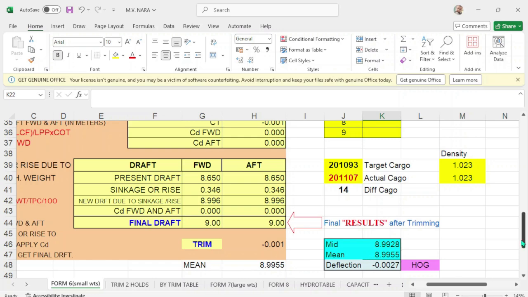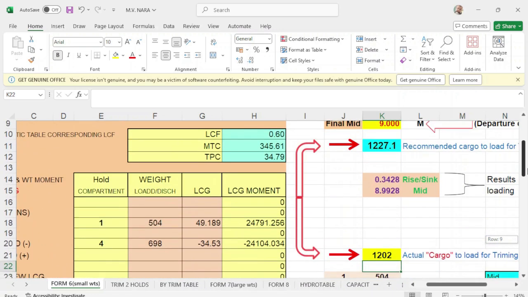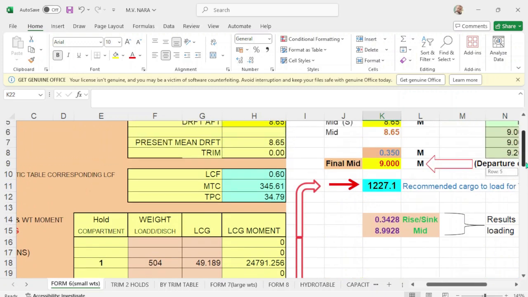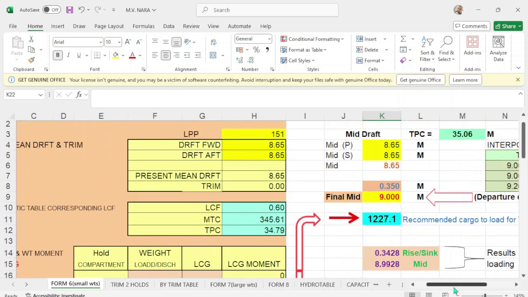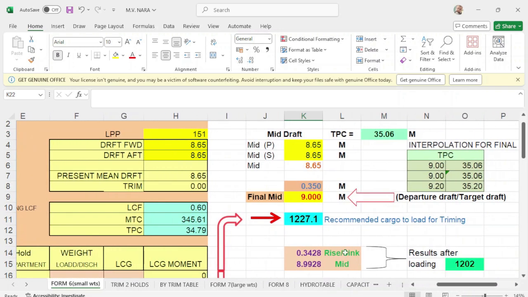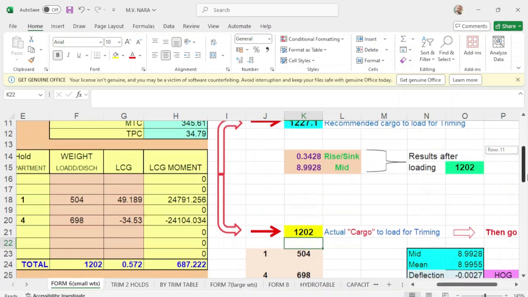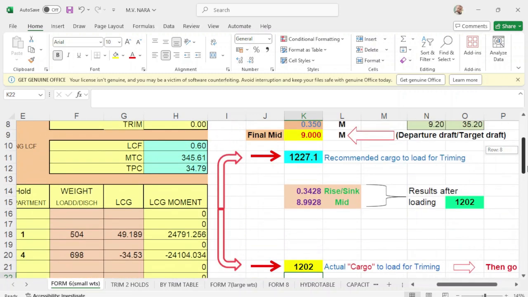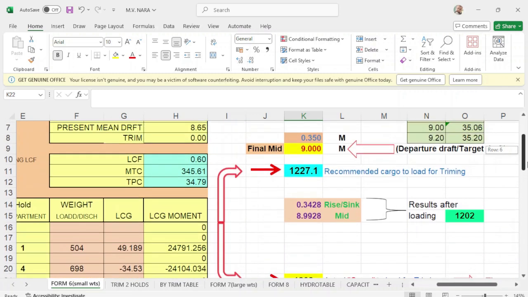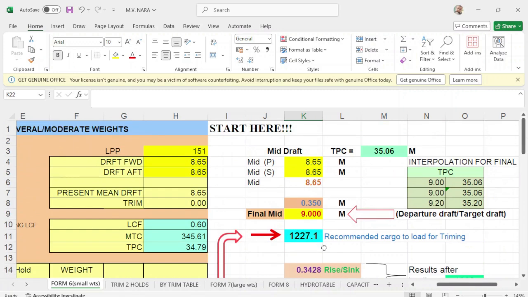Take note, guys. What we are using here is 1202, but according to my program or my formula, the recommended cargo to load is 1227, which is how much difference? That will be 25 metric tons more.